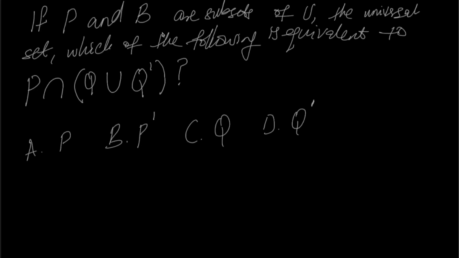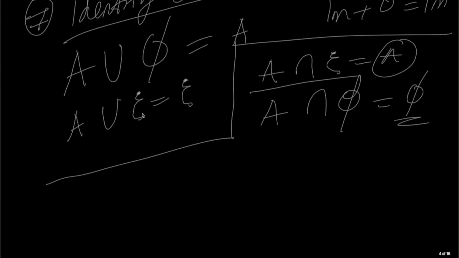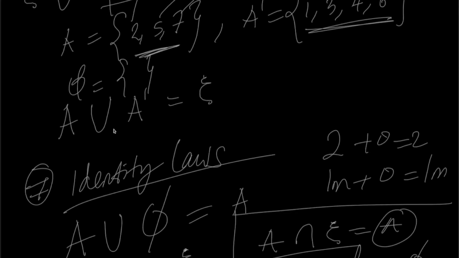If P and Q are subsets of U, which is the universal set, which of the following is equivalent to P intersect the union of Q and Q's complement? Look at this place very well. A union its complement is equal to the universal set. You know, we have established that. Let's check back. See? A union its complement is equal to universal set.